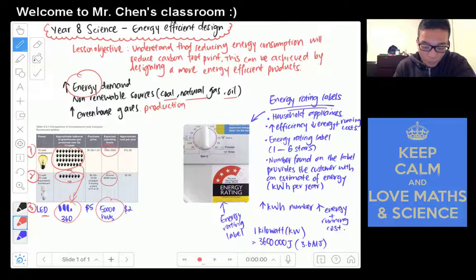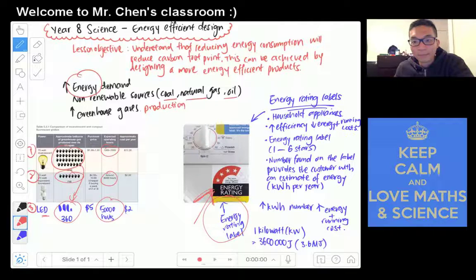Also, let's look at some of the household appliances that actually have these energy rating labels nowadays. I'm sure if you go to any Harvey Norman's, any hardware appliance store, you will see these energy rating labels. This thing right there.